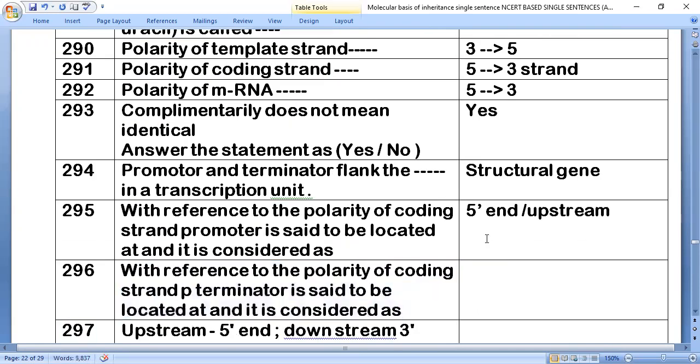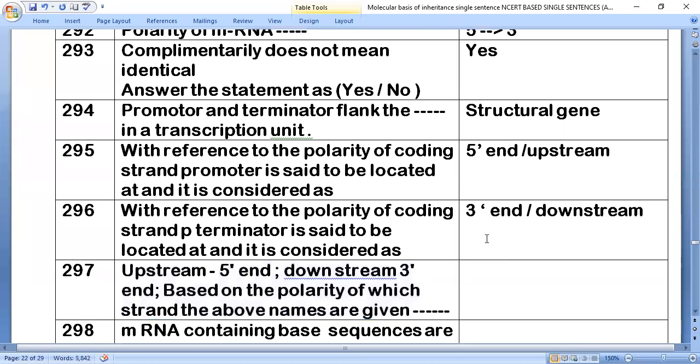With reference to the polarity of the coding strand, the terminator is said to be located at the 3' end, and it is considered downstream. Upstream or 5' end, downstream or 3' end: based on the polarity of which strand are the names given? The coding strand.